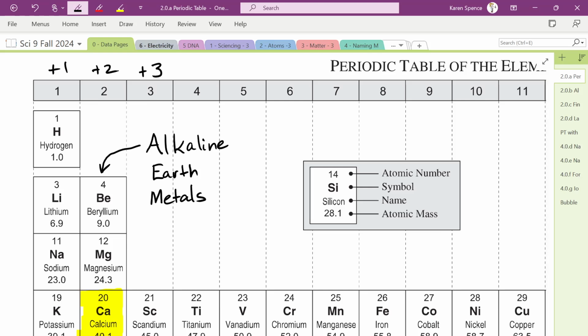You can write these on your periodic table for now, but bear in mind that when we get into writing formulas, you will be given a periodic table without charges for quizzes and tests. So you need to be able to say, I can remember 1, 2, 3. Can you remember 1, 2, 3? Do I need to come up with a song for that, or are you good?